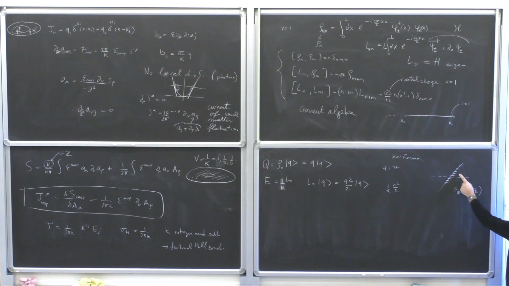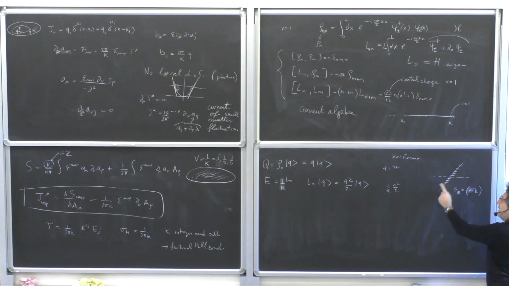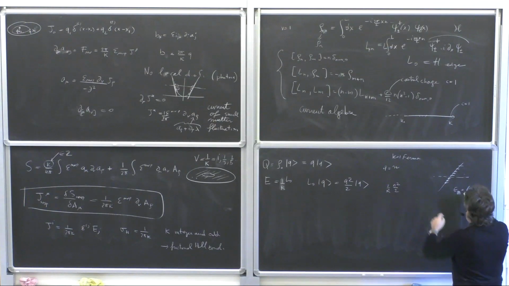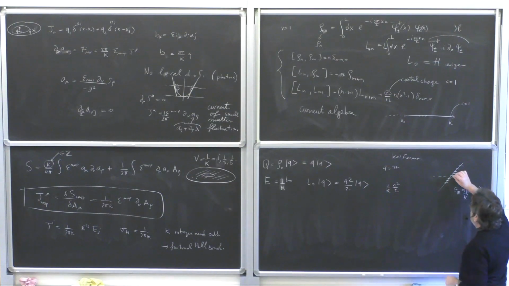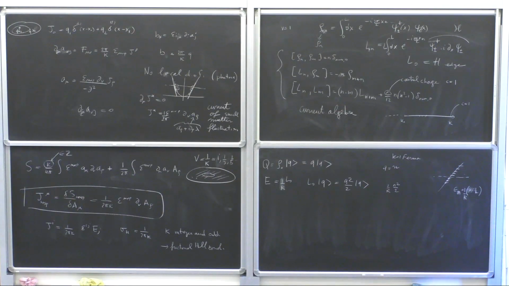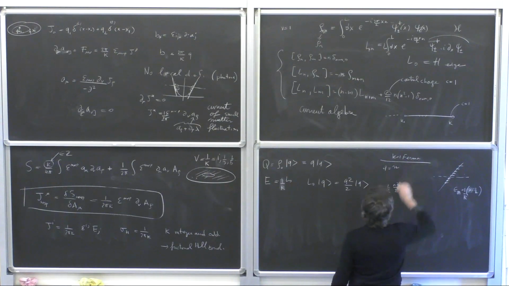If I put charge 2, I get 1/2 plus 3/2, and so on. And so you see that the energy that you reproduce here is what you get if you start to put electrons here, charge excitations on the boundary. Okay? So this was for K equal 1.